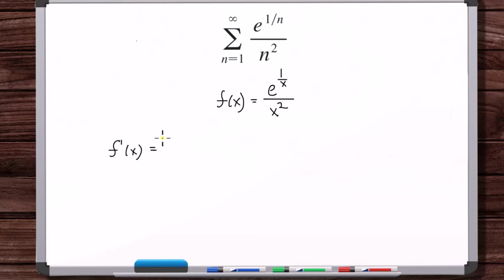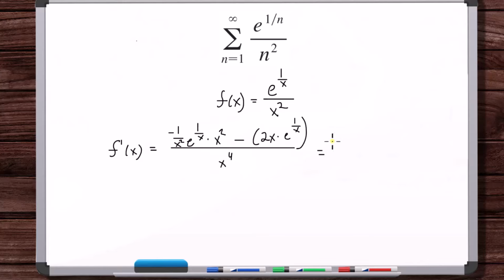Okay, the derivative of the top times the bottom minus the derivative of the bottom times the top all over the bottom squared.